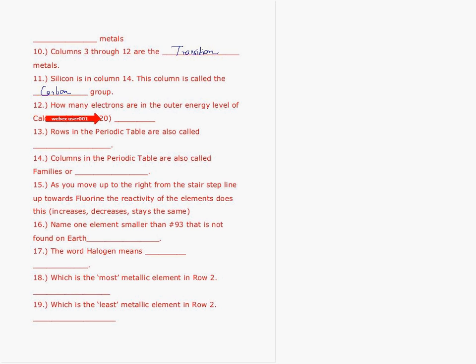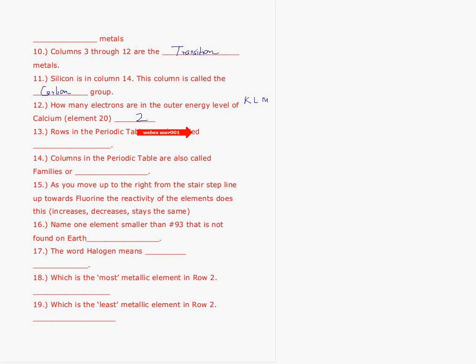Atomic number 20, right? So if you read the electronic configuration, 2, 8, 8, 2. Okay, you want to say 2? Yeah, 2. In the valency electron. That's correct. Very good. That's the right answer.